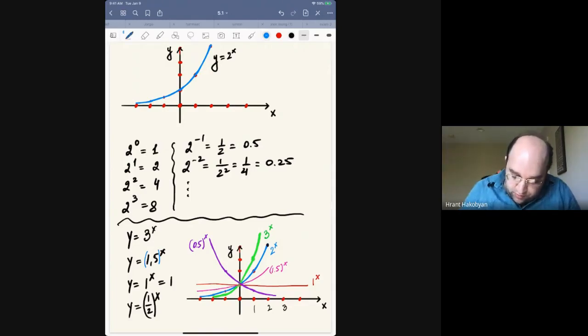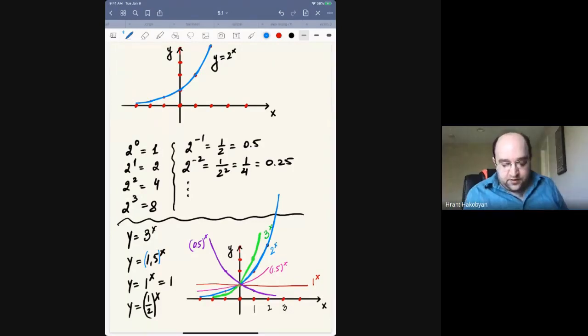If I was to draw it, it would go really fast here. It would double in time, so the graph is almost vertical. That's the point of exponential growth.